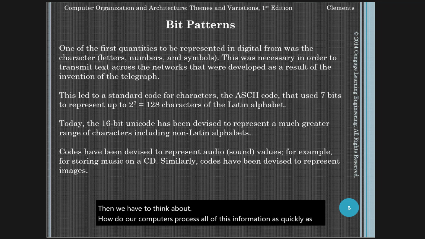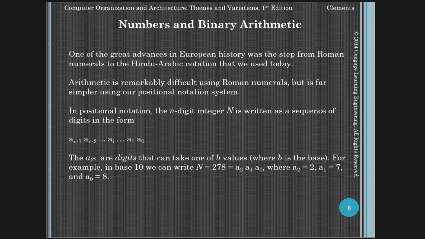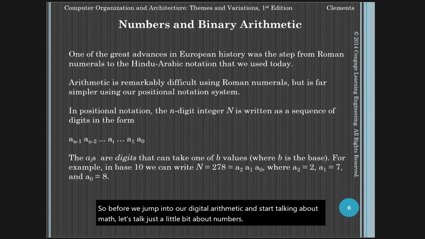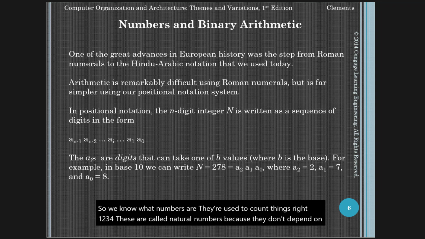So before we jump into our digital arithmetic and start talking about math, let's talk just a little bit about numbers. We know what numbers are. They're used to count things: 1, 2, 3, 4. These are called natural numbers because they don't depend on mathematics.